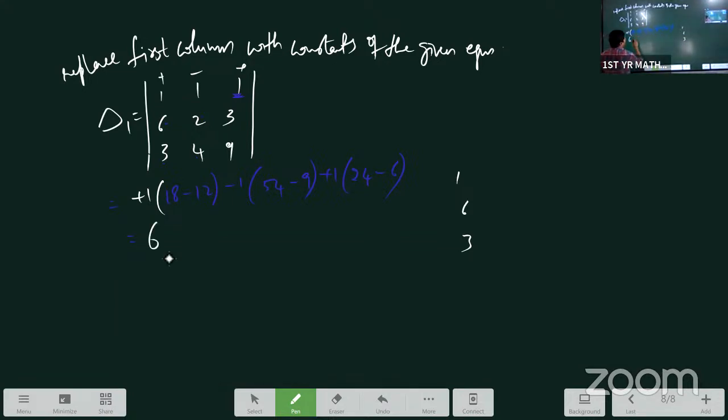Correct, no? Next, minus 1 into 54 minus 9 is nothing but 45, plus 1 into 24 minus 6 is nothing but 18.